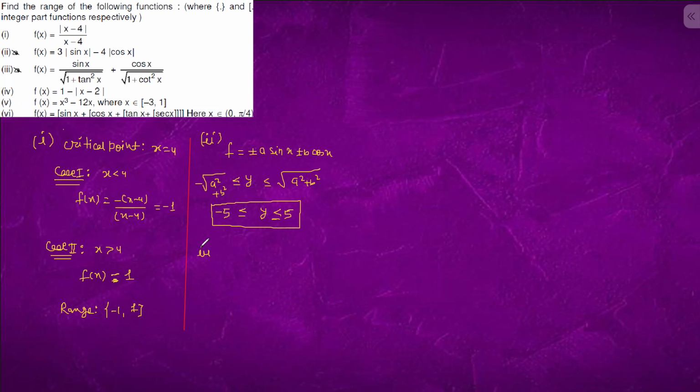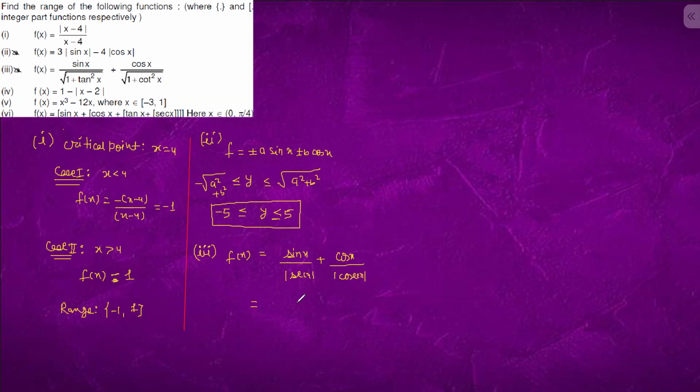3. We have f(x) equals sin x upon mod sec x plus cos x upon mod cosec x.